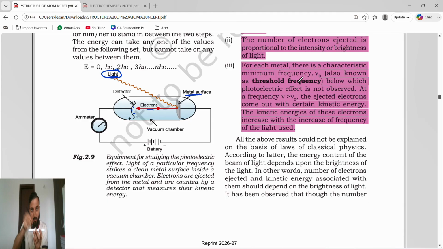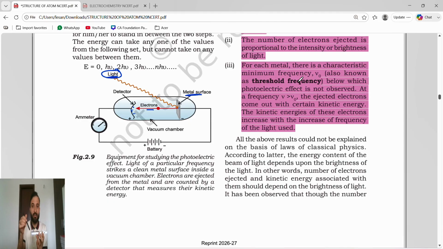If I apply any frequency less than the minimum frequency, electrons will not eject from the metal surface.